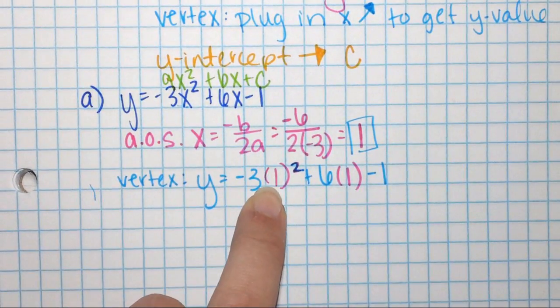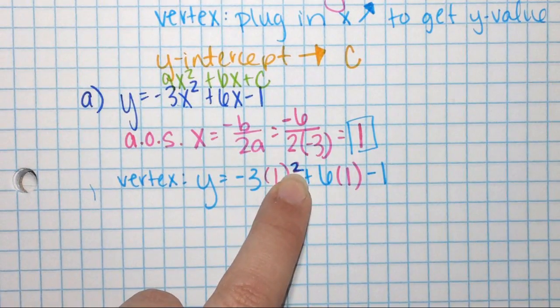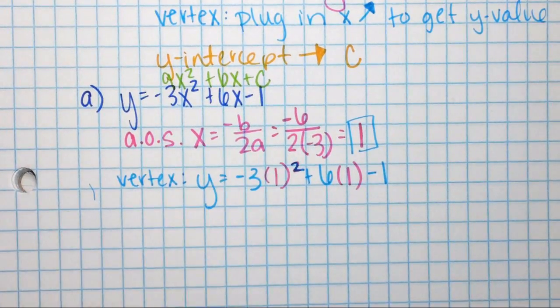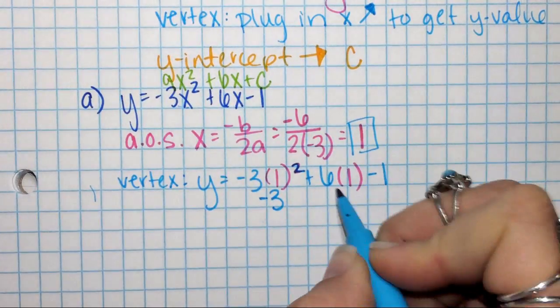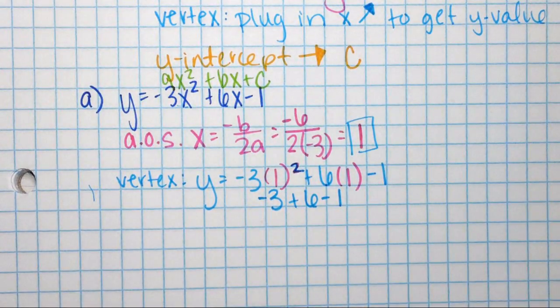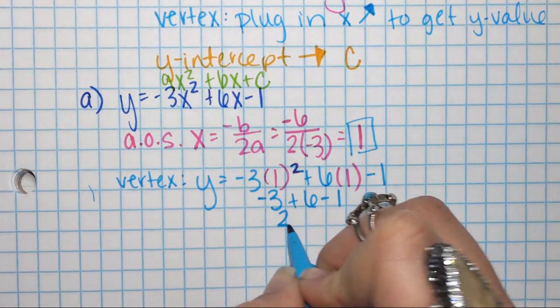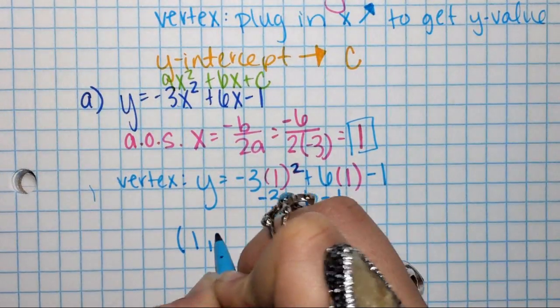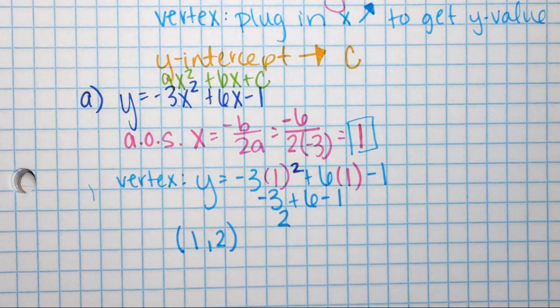All right, what's 1 squared? And what's 1 times negative 3? Awesome. What's 6 times 1? Minus 1. All right, what's negative 3 plus 6? And what's 3 minus 1? And this gives us the coordinate of 1, 2.